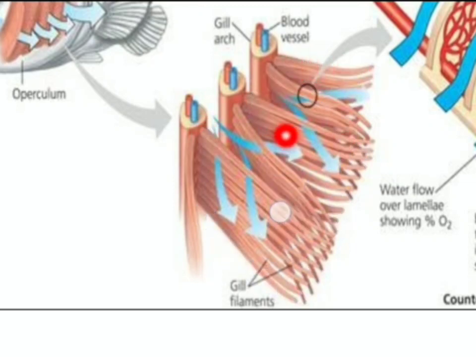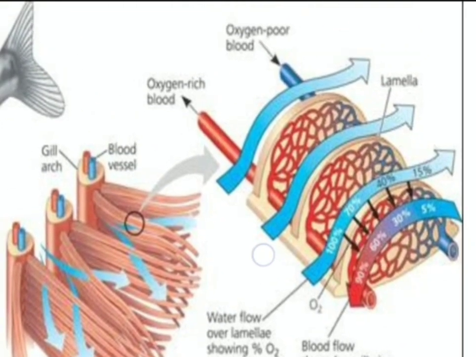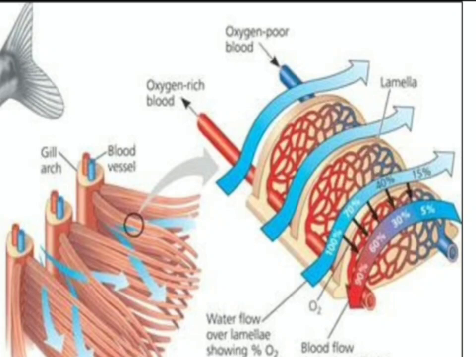If we observe the filament in more detail, you will see these lamellae present. These are the lamellae; one, two, three lamellae are shown in this slide. The lamella is connected in such a manner that on the left side is the oxygen-rich blood, like an artery, and this is the oxygen-poor blood, like a vein.